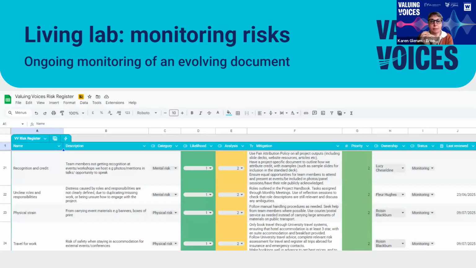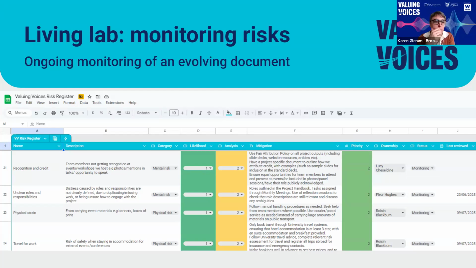So as I said, I'll give you an example of what our risk register looks like in Valuing Voices. So we call ourselves a living lab in which we practice what we preach. So we've come up with this particular risk register, which works for us, but is just an example of how you can approach this. So, sorry, we name the risk.